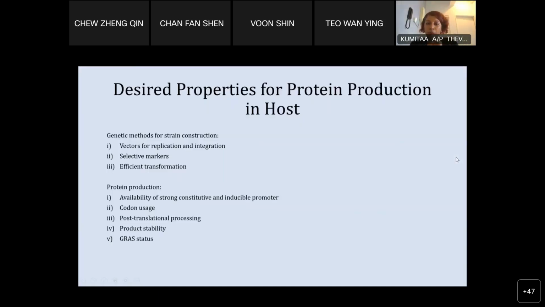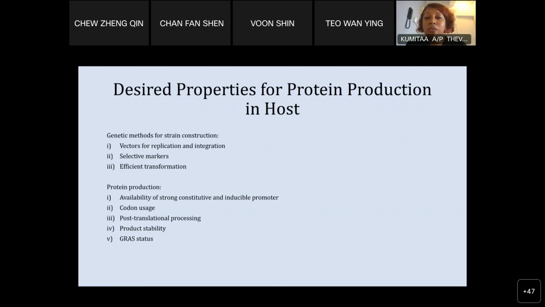So, desired properties for protein production in hosts, we've seen this throughout all the different expression systems we have learned about today. The type of vector strongly influences the replication and type of integration. So for example, YIP obviously allows for integration, but YEP only allows for episomal expression.